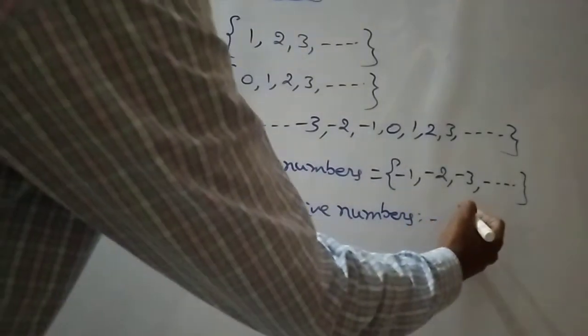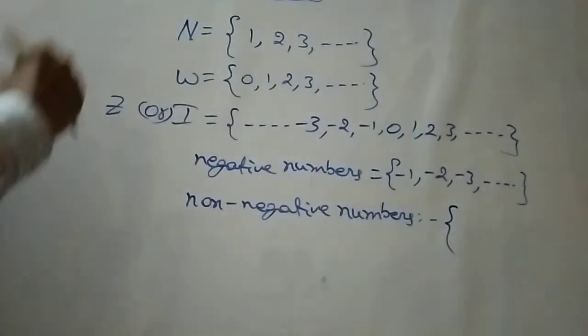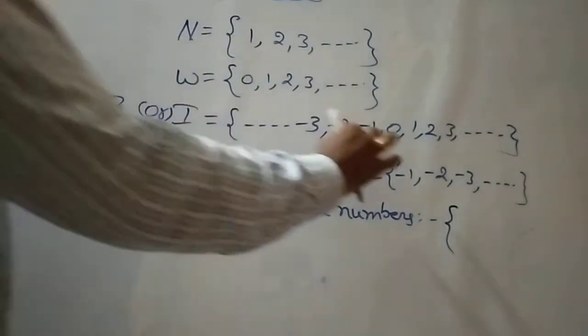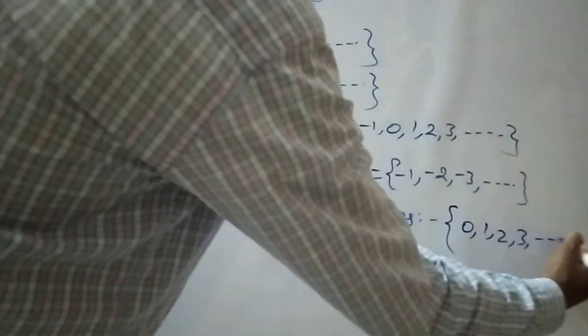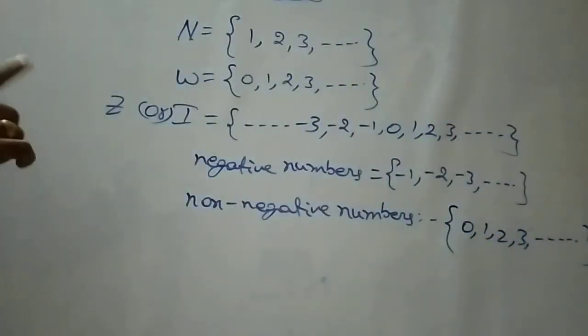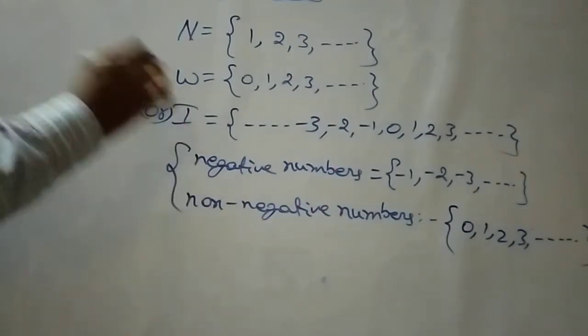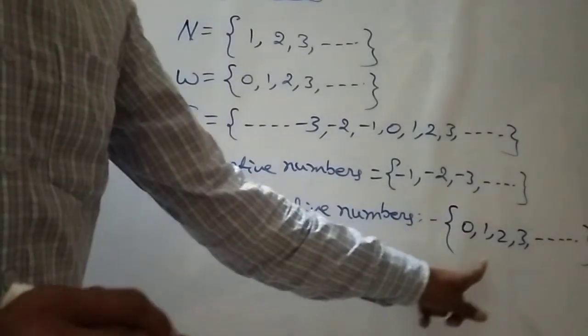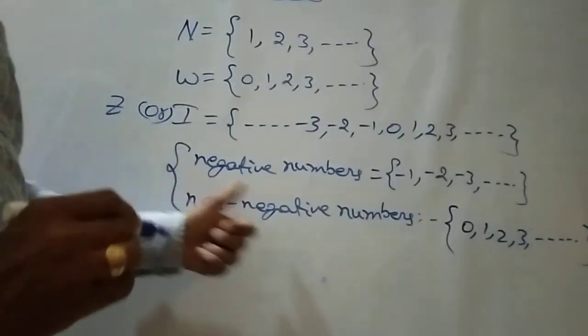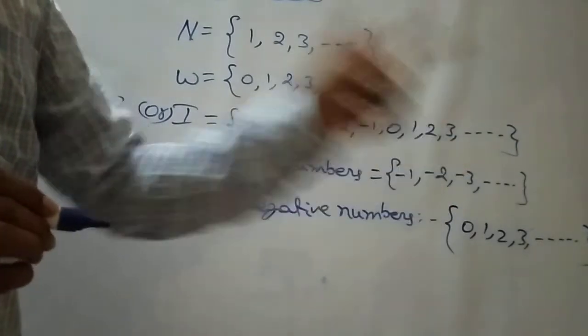Non-negative numbers means except the negative numbers, which are 0, 1, 2, 3 and so on. We need these two terms: non-negative numbers including 0, 1, 2, 3, and negative numbers -1, -2, -3 and so on.